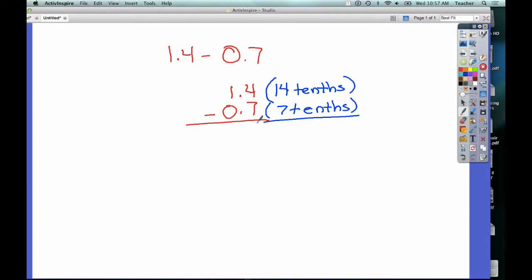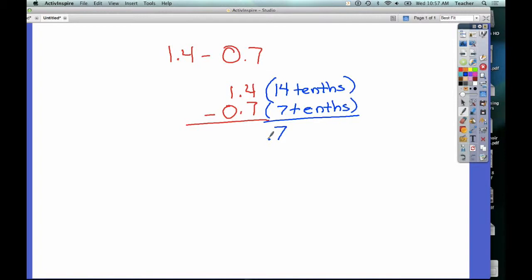Now can I do that problem? 14 minus 7? What's 14 minus 7? 7. 7/10, right? So actually the decomposing as far as borrowing and all that makes your life a little easier, doesn't it?